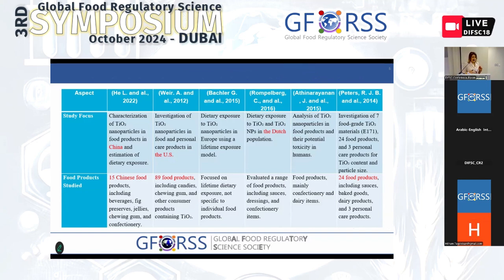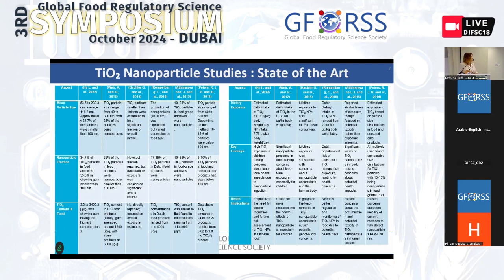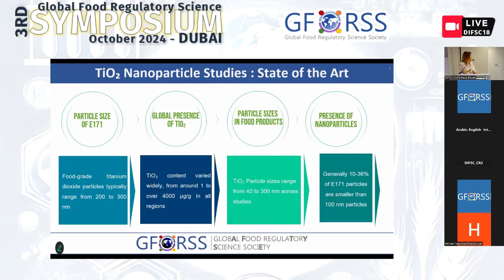Referring to some studies from various regions, including US, European, and Chinese studies that examined dietary exposure to titanium dioxide nanoparticles, the particle size of E171 is typically in the range of 200 to 300 nanometers.